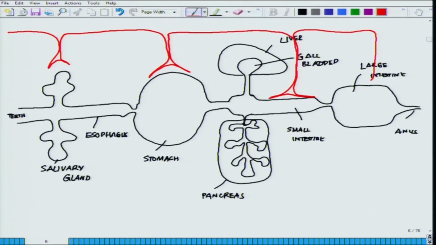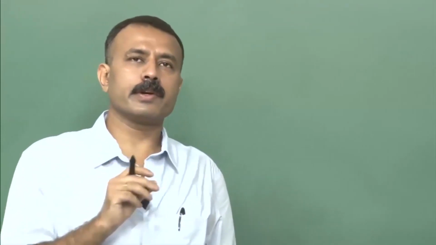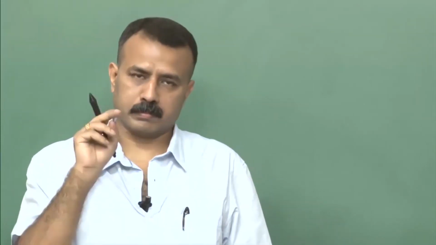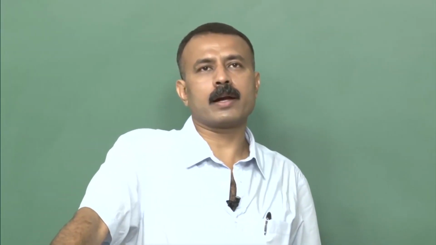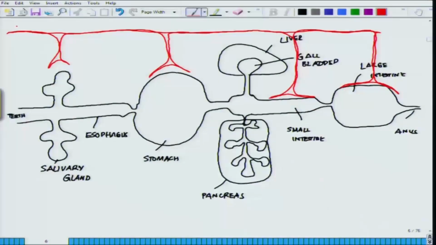Then you have parasympathetic connectivity of the whole large intestine. So, this is your parasympathetic connection. If you look at it carefully, you will see the salivary gland, stomach, small intestine and large intestine are under parasympathetic control.